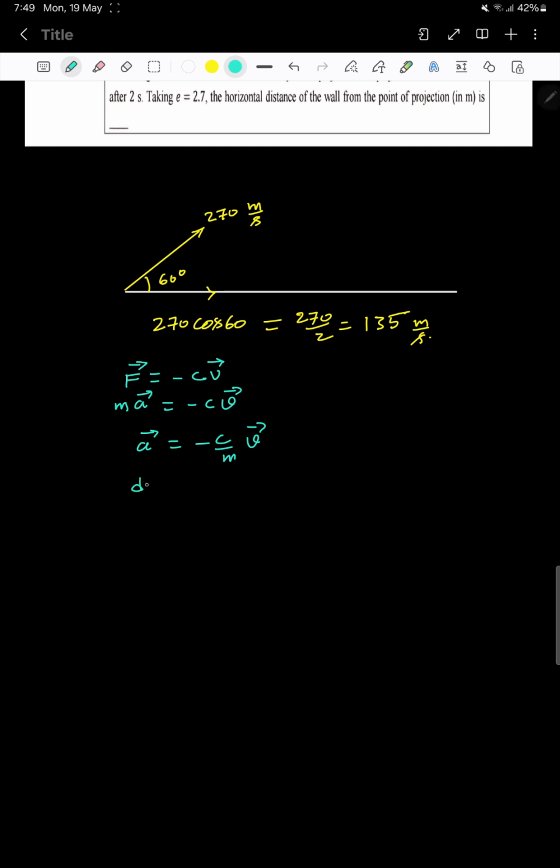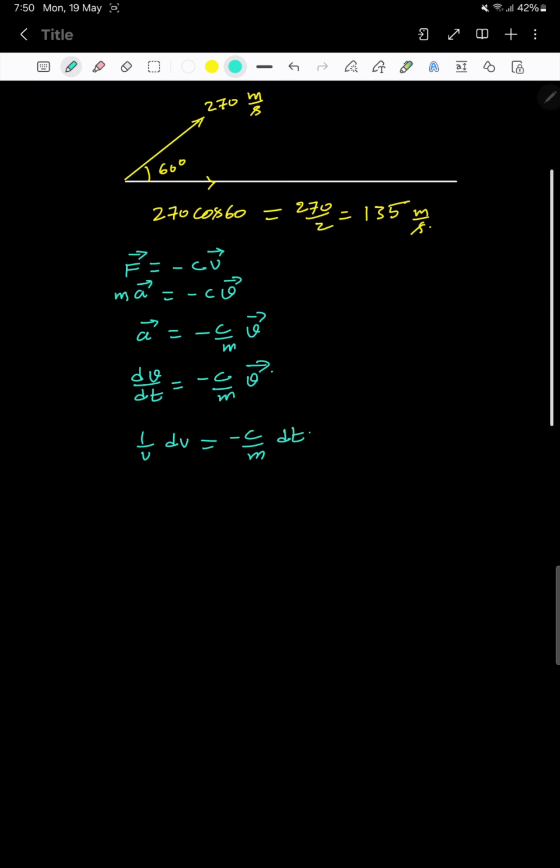Acceleration can be written as rate of change of velocity. So dv upon dt is equal to minus c by m into v. From this we can write 1 upon v times dv is equal to minus c by m dt.